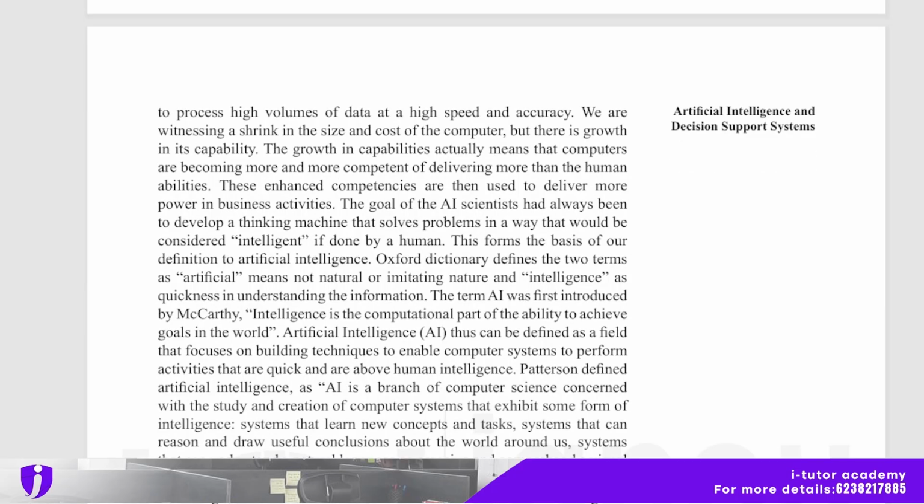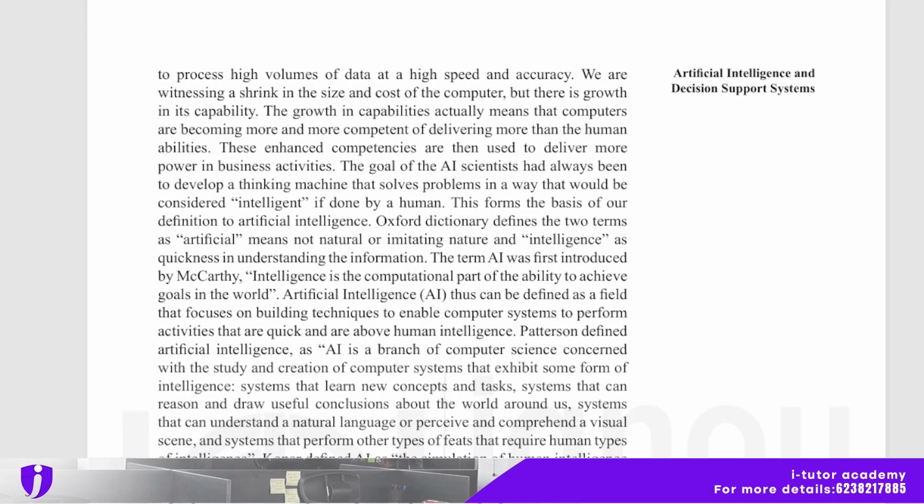We are witnessing a shrink in the size and cost of the computer, but there is growth in its capability. The growth in capabilities actually means that computers are becoming more and more competent of delivering more than human abilities. These enhanced competencies are then used to deliver more power in business activities.